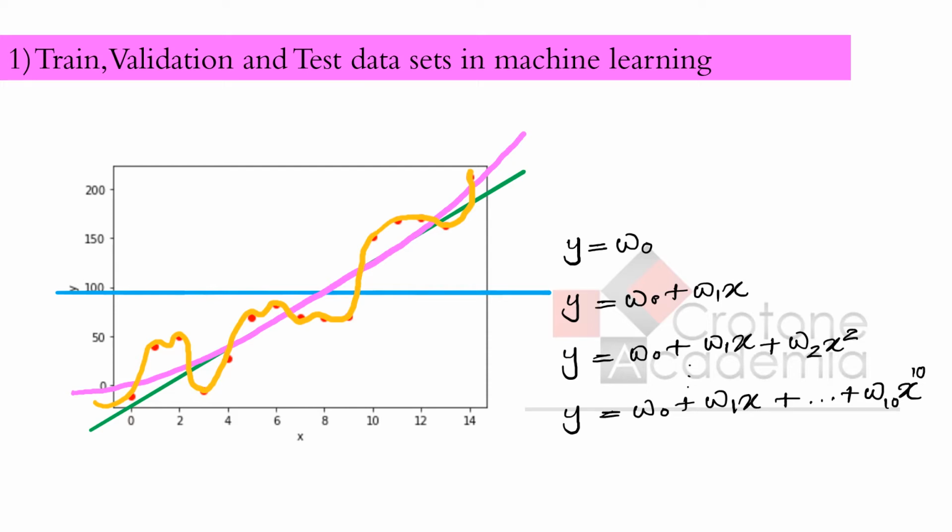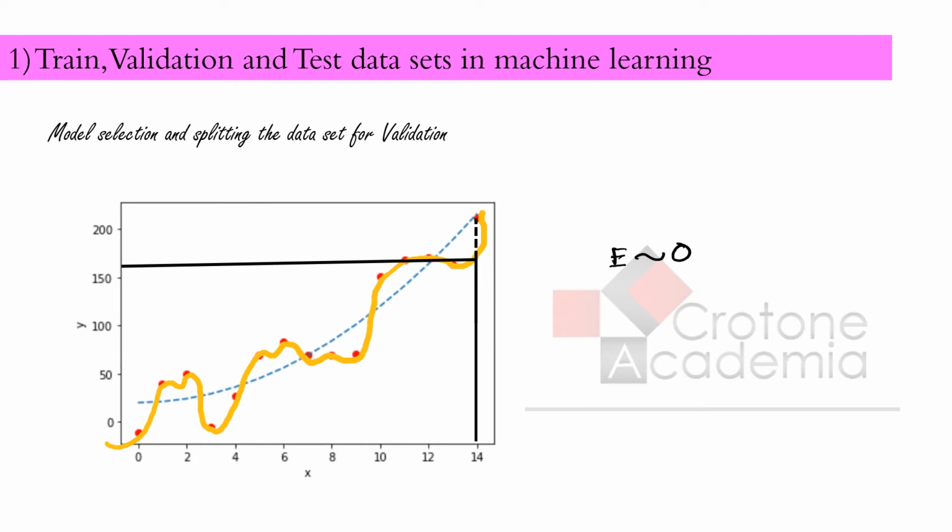In the previous example, I generated the dataset synthetically by adding some random noise to the graphs shown in the dotted line. If we take the 10th degree polynomial, as you can see, it fits really well to the observations. So in that case, if we take the total sum of squared errors, it will be quite close to 0.